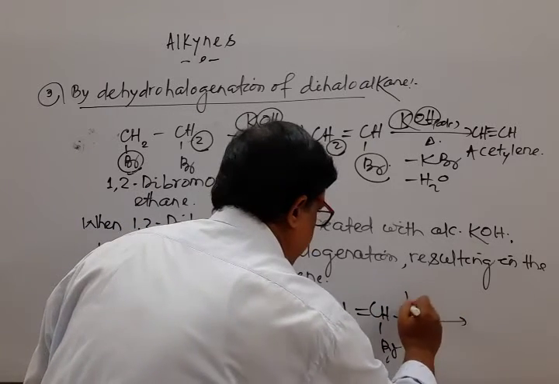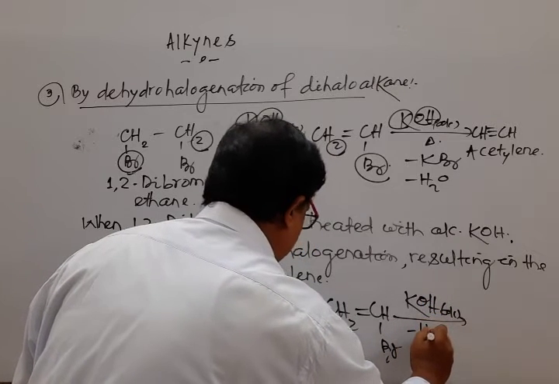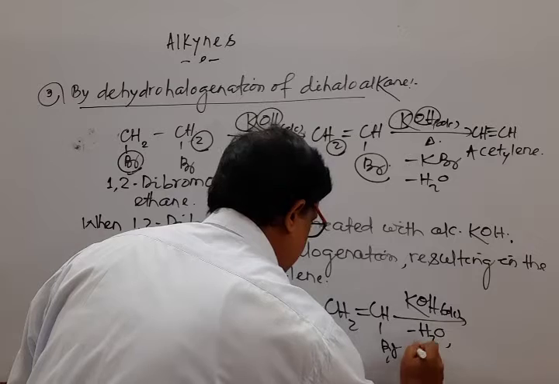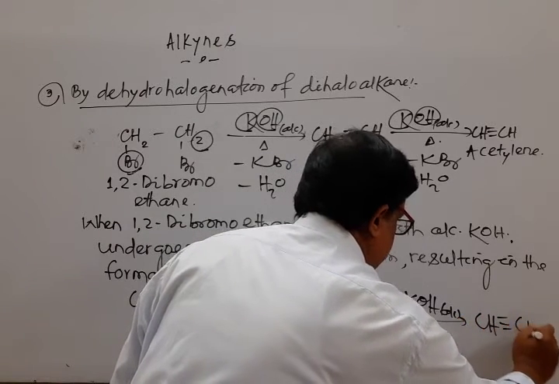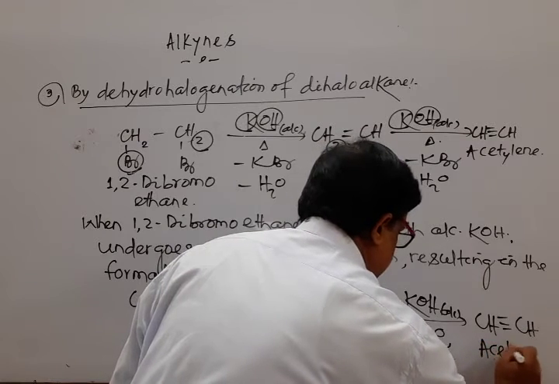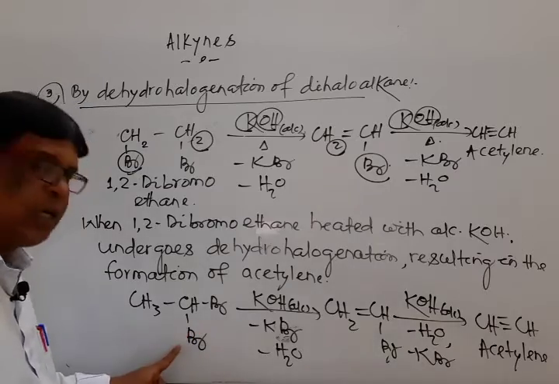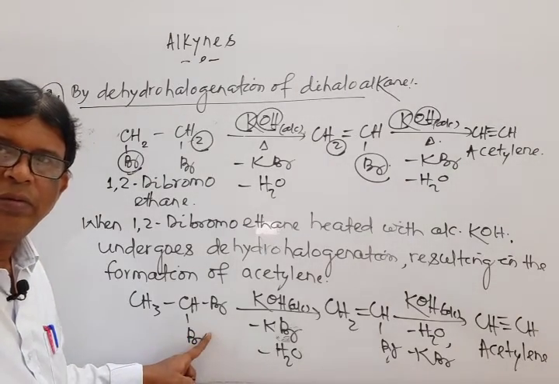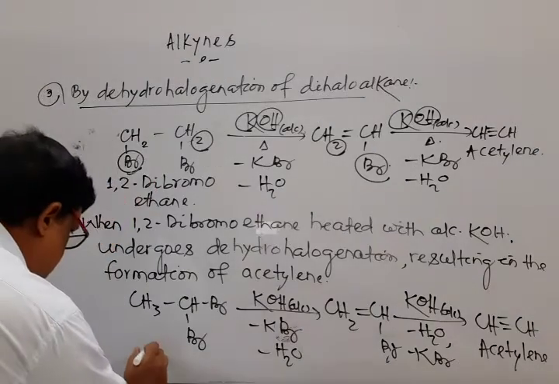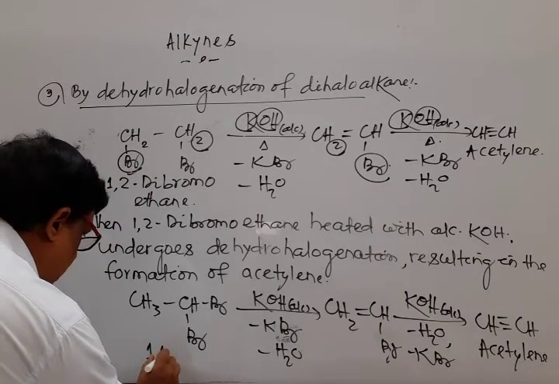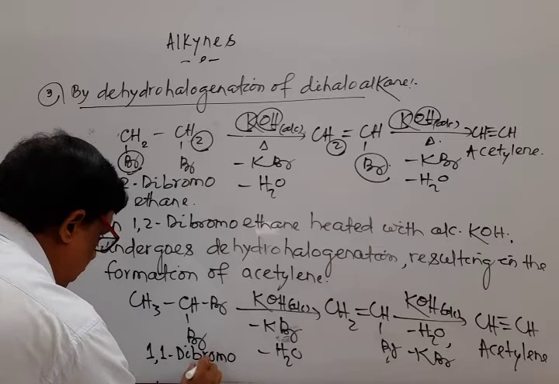Again heated with alcoholic potash, it undergoes dehydrohalogenation, removal of water and potassium bromide, resulting in the formation of also acetylene. Mark that. It is two halogen atoms attached to one carbon atom, so it comes under the geminal dihalide. Its name is 1,1-dibromoethane.